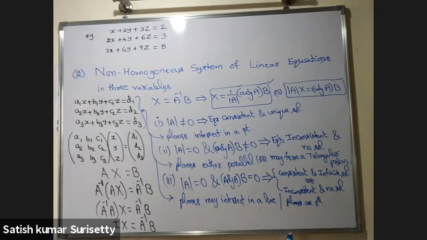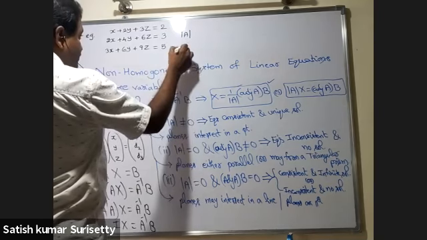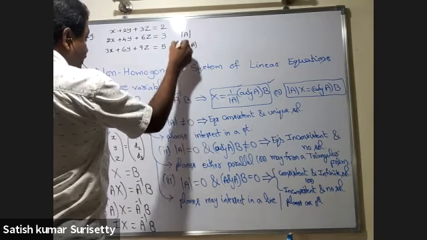For this system of equations, calculate determinant of A and adjoint of A into B.